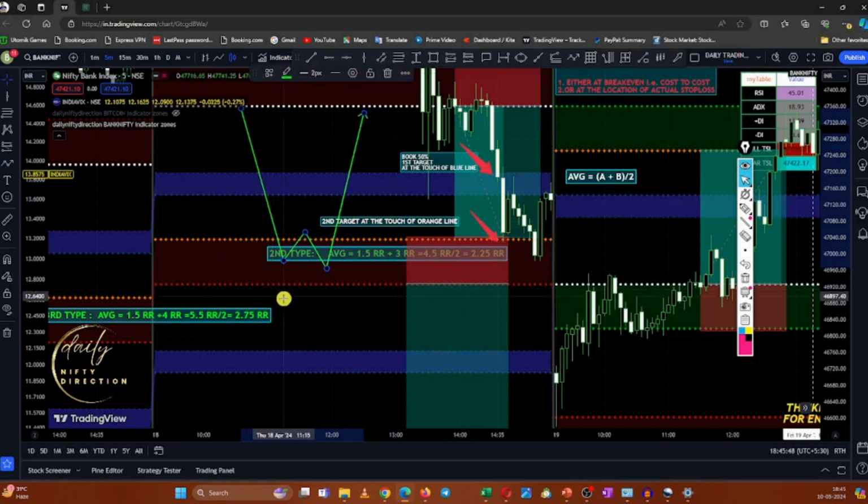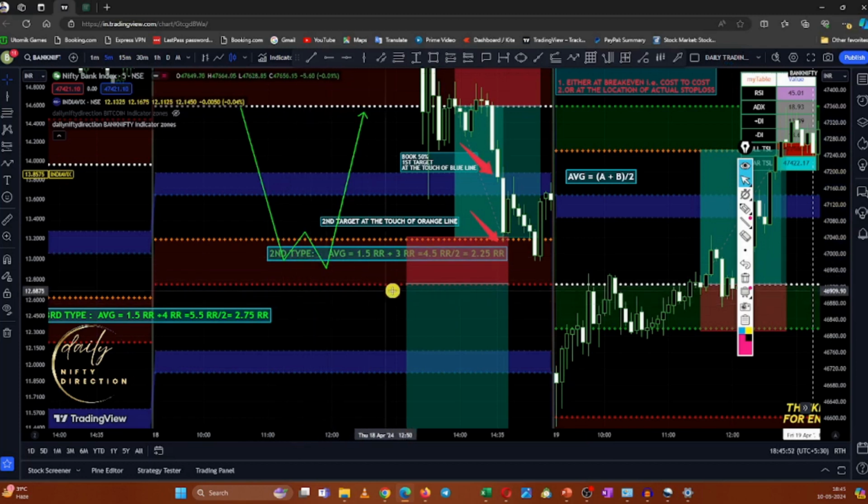But if your reversal zone is also broken, at first you will wait for the reversal zone to break. If it is unable to break and if you get good reversal here, then only you will take the reversal trade, or you will try to take the trade in the direction of trend, right? You will wait for this also to break.